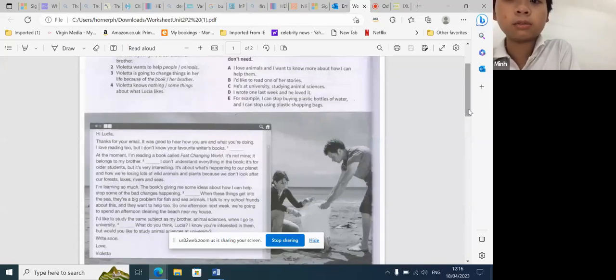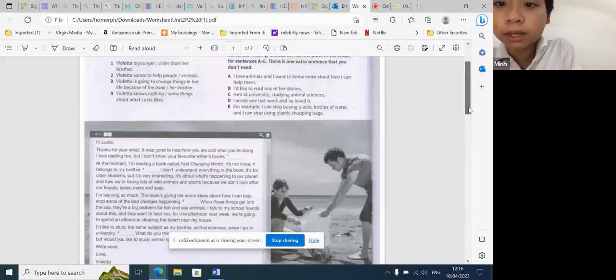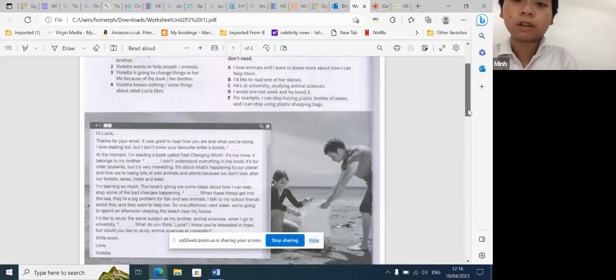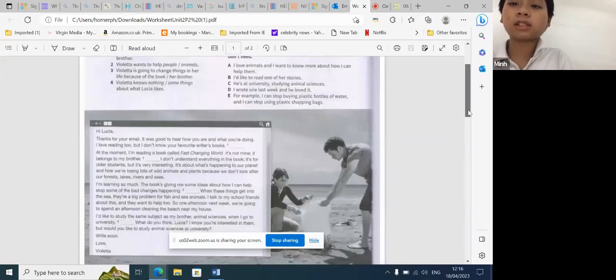I love reading too, but I don't know your favorite writer's books. At the moment, I'm reading a book called Fast Changing World. It's not mine. It belongs to my brother. I don't understand everything in the book. It's for older students, but it's very interesting. It's about what's happening to our planet and how we're losing lots of wild animals and plants because we don't look after our forests, lakes, rivers, and seas.